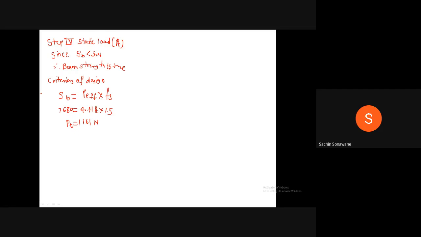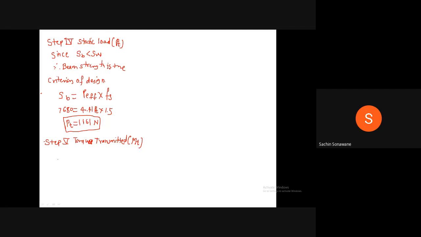Now, once you have calculated the static load, we will calculate torque transmitted. Therefore, write down step 5. Torque transmitted. In machine design, we use the notation MT for torque transmitted.